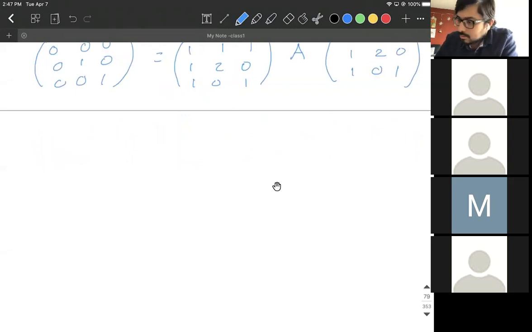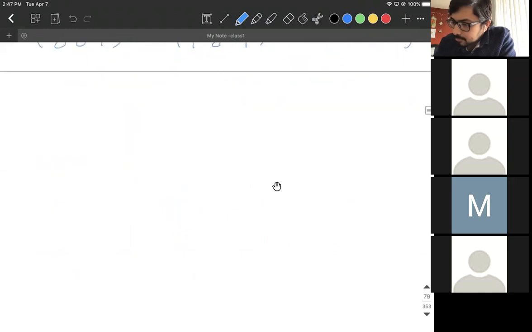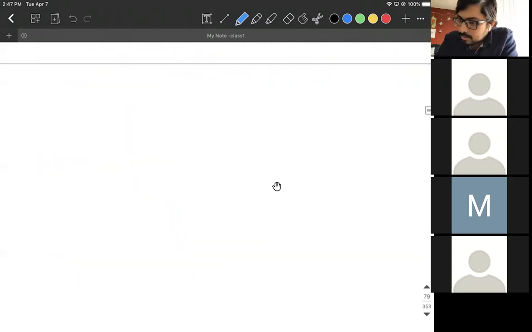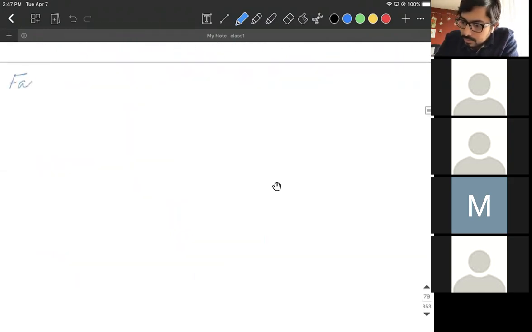One particular thing, let's take it as a fact because we will use this in certain problems. And I think we have mentioned it before. So let B be P inverse AP. So A and B are similar.